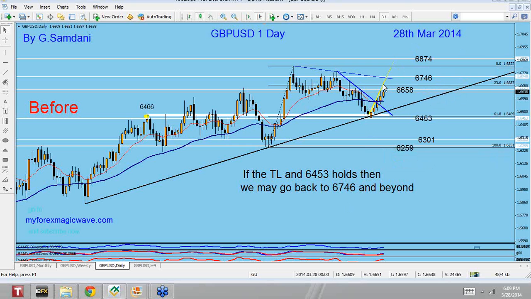So then we might pull back here, creating maybe wave 1 and 2, and then goes up for the wave 3. If there's a possible turning point, I will find out and give you a heads up. But for now, 67.45 or 46 is the target. Straight going up. Okay, this is pound USD.